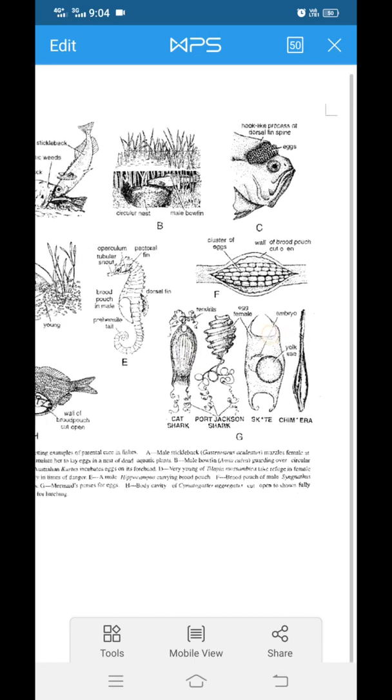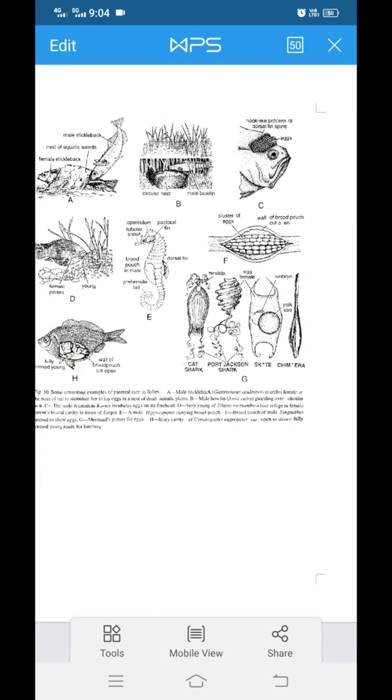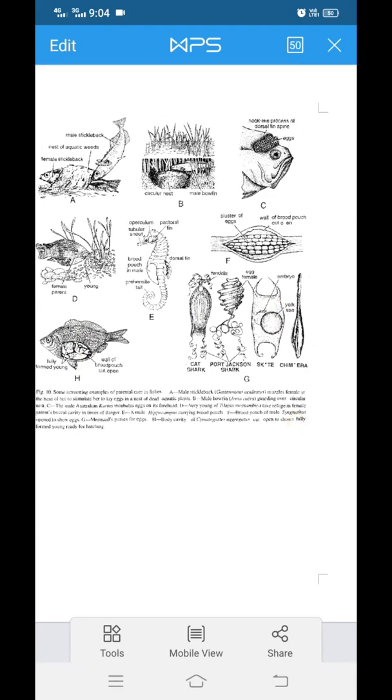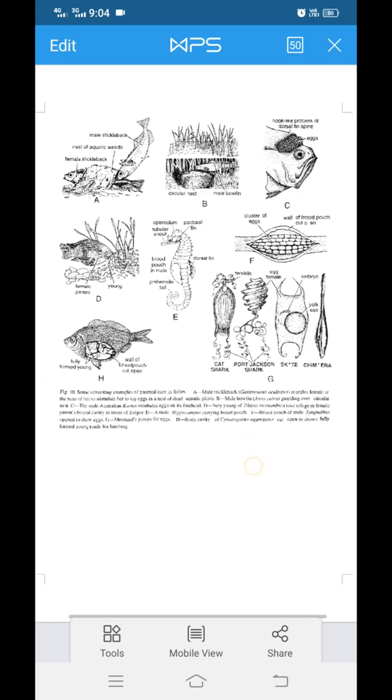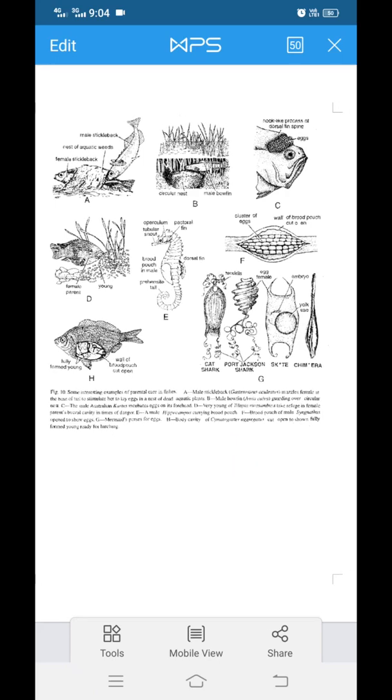Another example is the male African lungfish, Protopterus, which digs oval pits or holes at the base of swampy grasses. About 5,000 eggs can be laid in a single hole or nest by several females, and the male again guards them.